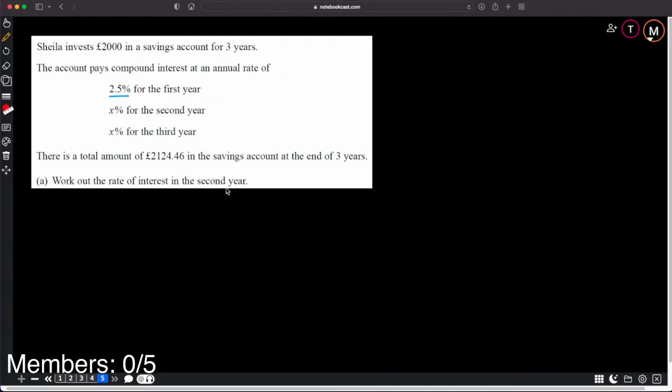So, after the first year, let's work that out. We're going to use a percentage multiplier here. After the first year, we have the original amount, 2,000. And when we increase something by 2.5%, we multiply it by 1.025.